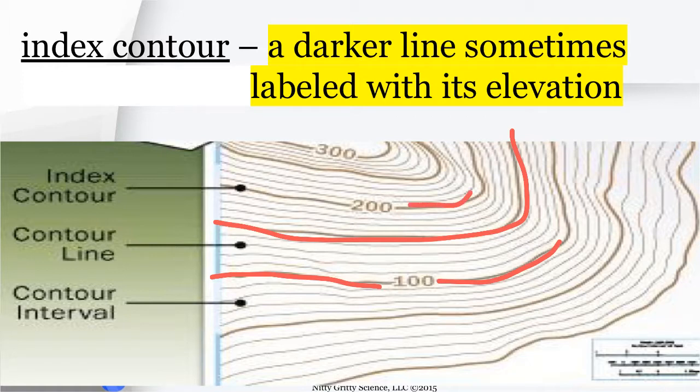And then the 200-foot index contour is labeled again with its elevation. So these are darker lines that you can see are much darker than those other contour lines. It just makes it a little bit easier, if there are a lot of contour lines all in one area, to be able to tell which ones have numbers and to be able to distinguish them from each other.